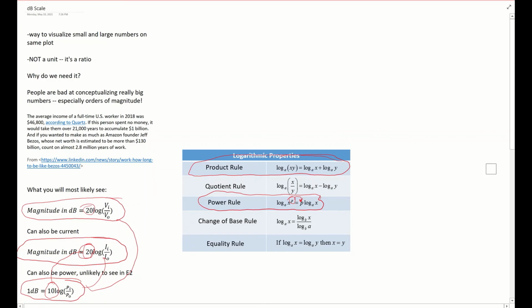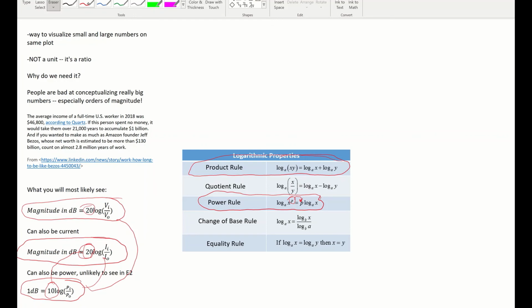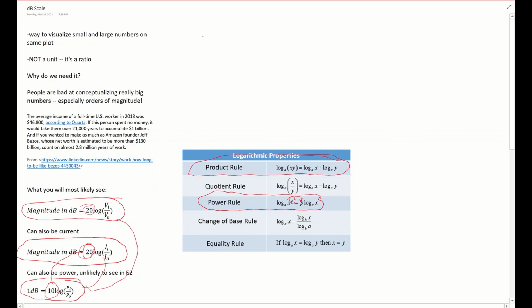So basically, if you've got some number, let's take something really big, something, again, that I don't want to be plotting in a linear scale. 1 million.